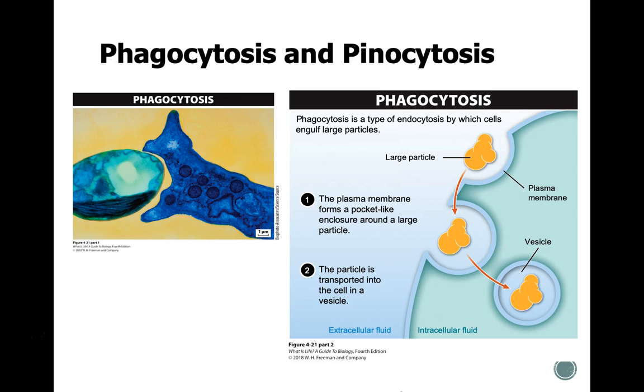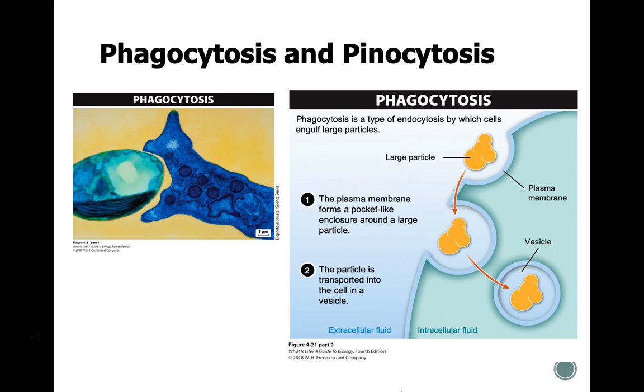So there are a couple of types of endocytosis, and we can think of these as cell eating and cell drinking. So phagocytosis is what I like to think of as cell eating. So on the left-hand side there, we have a paramecium, which is a large single-celled eukaryotic organism.